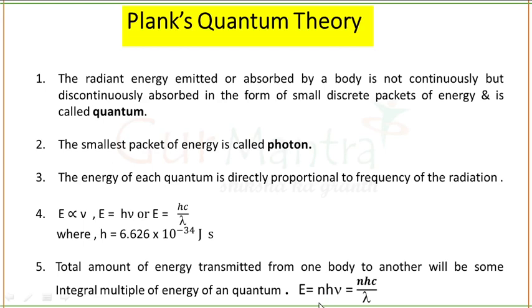It cannot be a fractional value. The value of n could be 1, 2, 4, 10, 11, but it couldn't be 11 by 13, 2 by 4 or anything else.